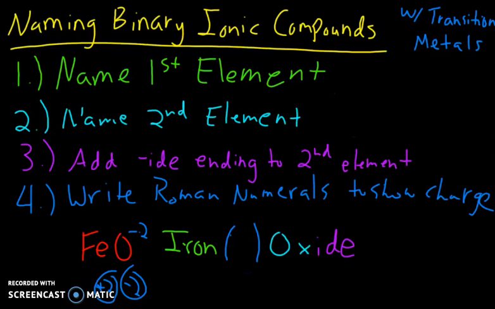So we've got iron (II) oxide. So that Roman numeral 2 tells you that the iron has a +2 charge and that it's bonded to an oxygen. So that's how you would get the FeO. So that's how you name binary ionic compounds that have transition metals in them.